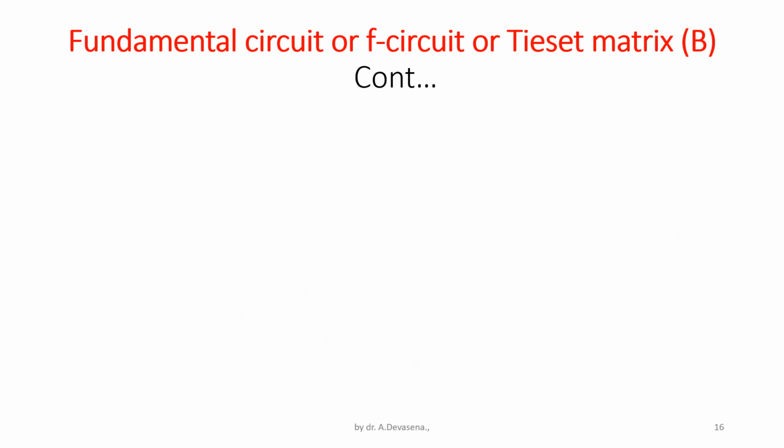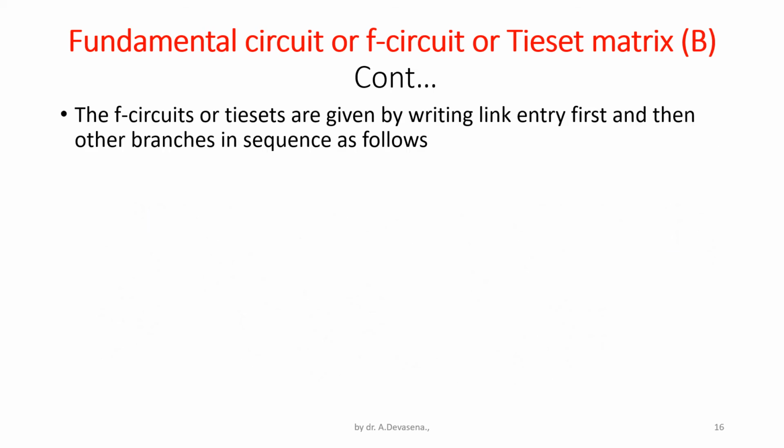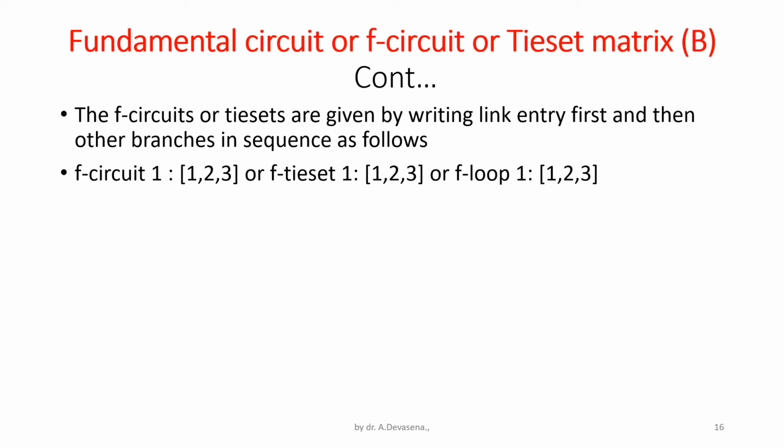The F circuits or tie sets are given by writing the link entry first and then the other branches in sequence as follows. F circuit 1 comprises branches 1, 2, 3. This is also called F tie set 1.